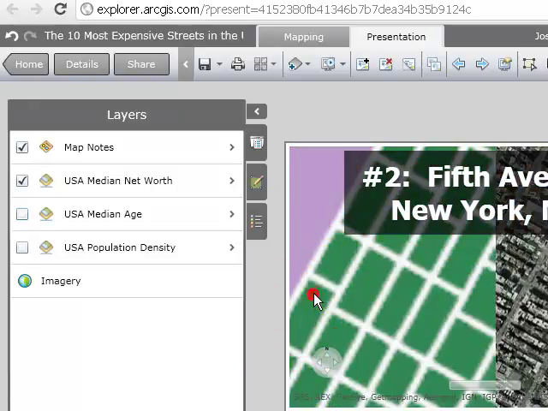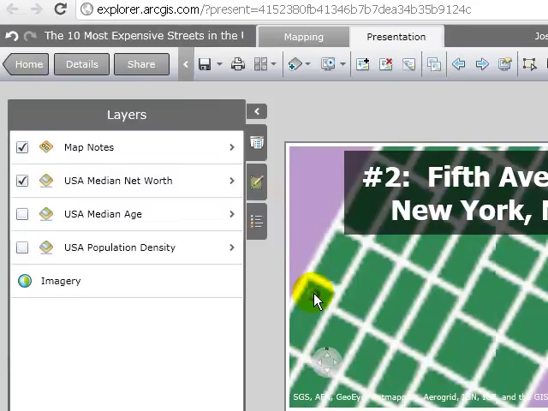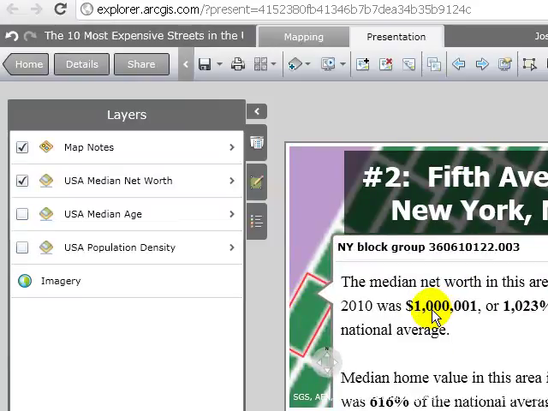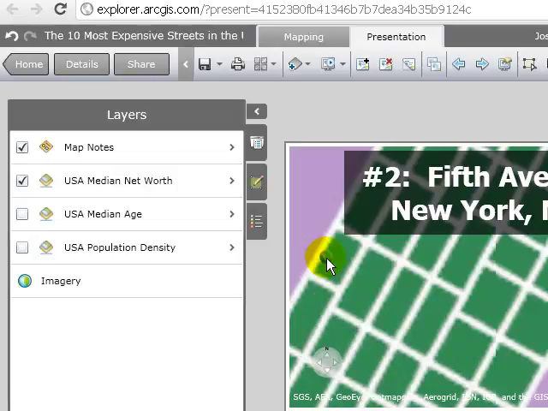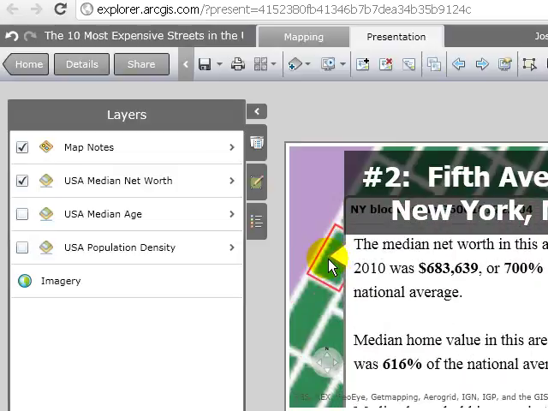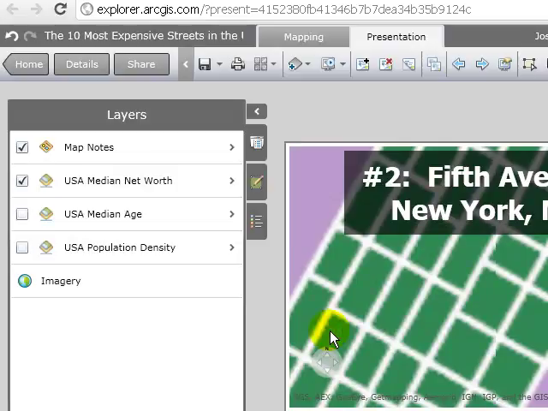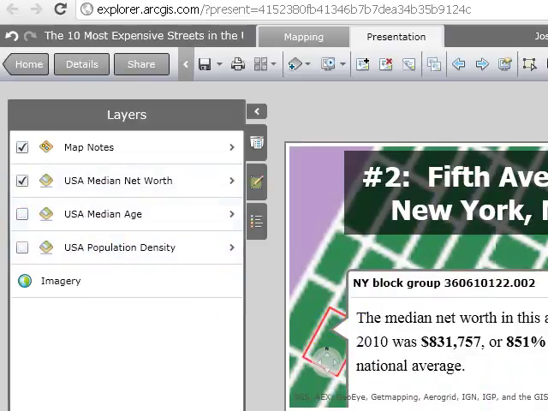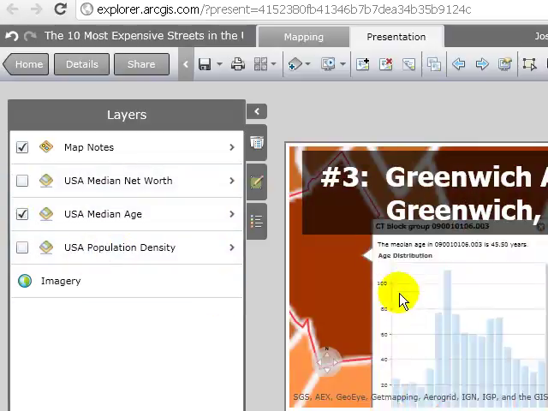Net worth here. That's once again $1 million here in New York City. In this neighborhood, 683,000. What about Greenwich, Connecticut?